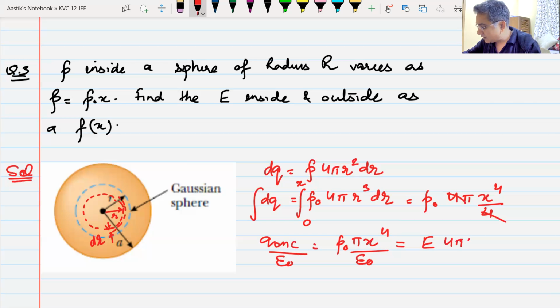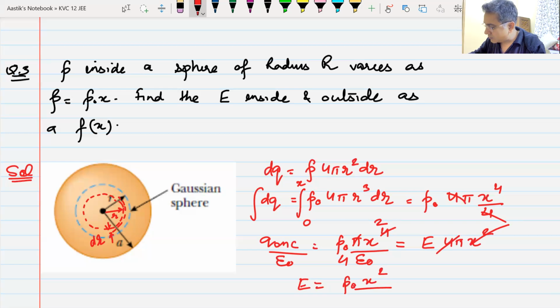The 4 pi cancels, the x square cancels, and the remaining electric field is rho naught x square by 4 epsilon naught. That is the answer for any point inside the sphere. Do we understand this? Sir.